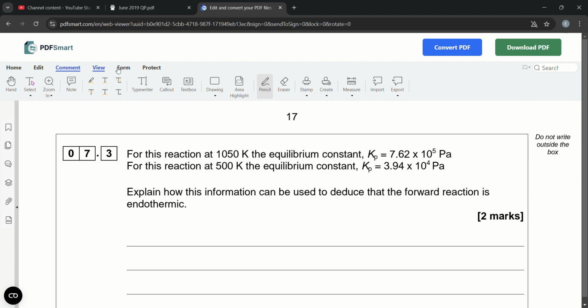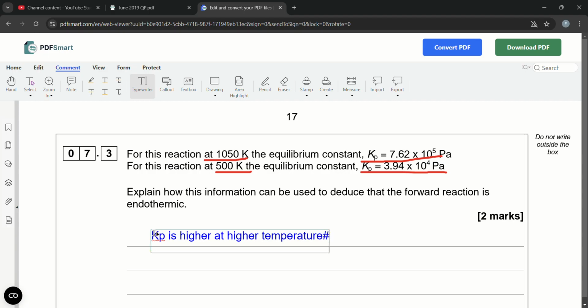What can we tell from these two values and the temperature values? Well, Kp is higher at higher temperatures. Clearly, Kp is 7.6 times 10 to the power 5 at 1050 Kelvin, and Kp is significantly smaller at 500 Kelvin. So Kp is higher at higher temperatures.